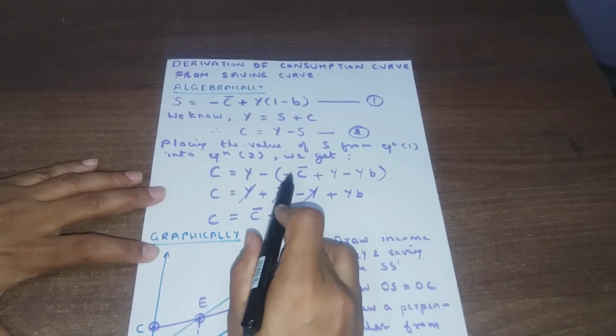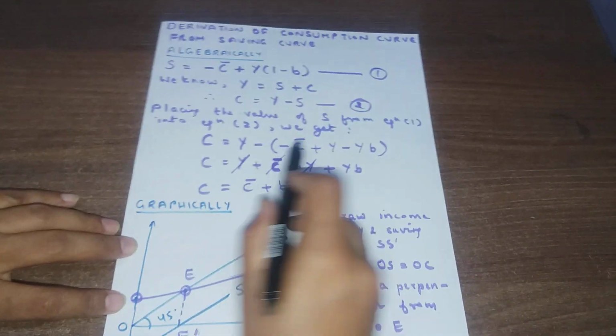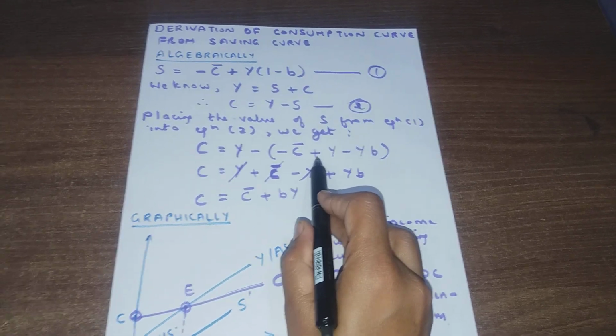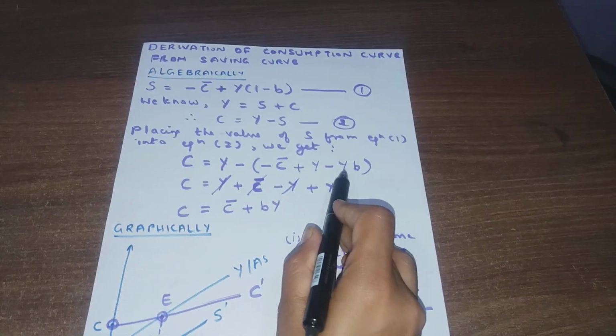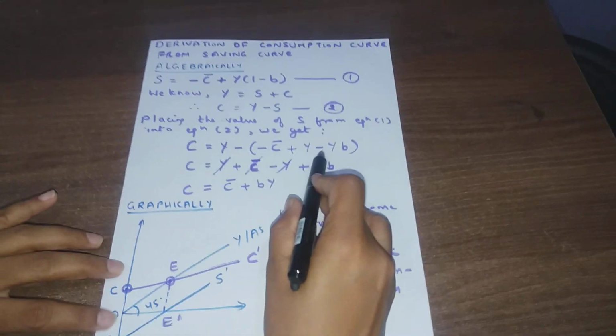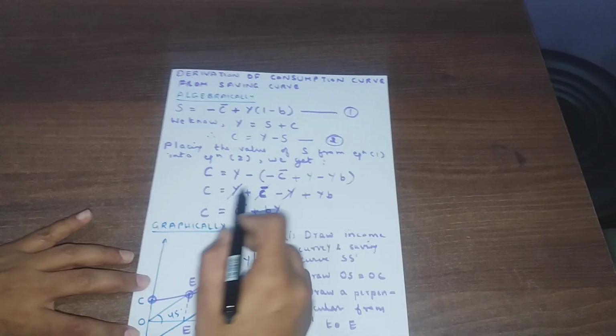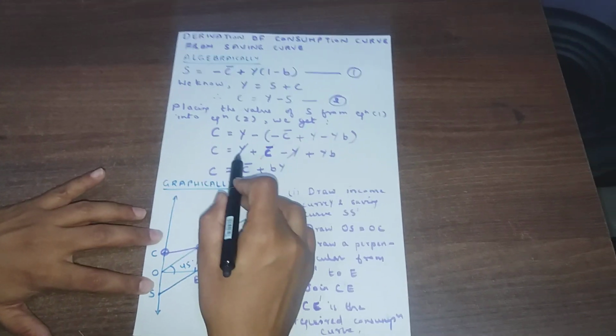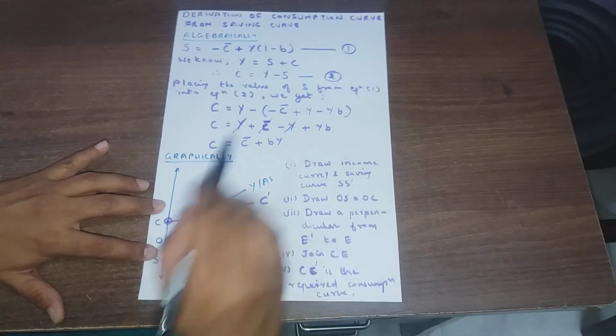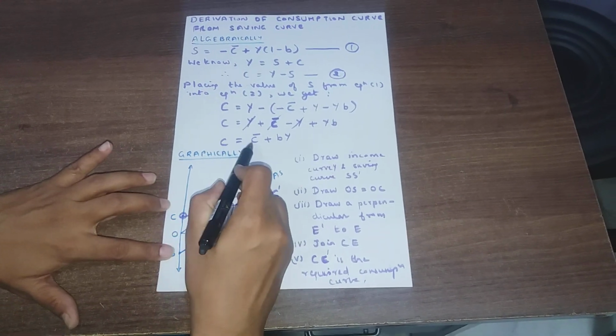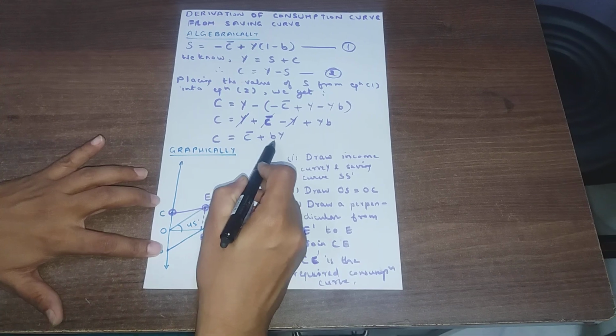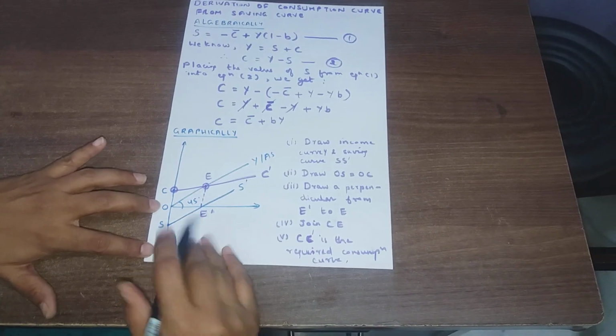It was minus C bar, it will become plus C bar. It was plus Y, it will become minus Y. It was minus YB, it will become plus YB. You will cancel in the next step, you will cancel plus Y and minus Y, giving you C is equal to C bar plus YB or BY.